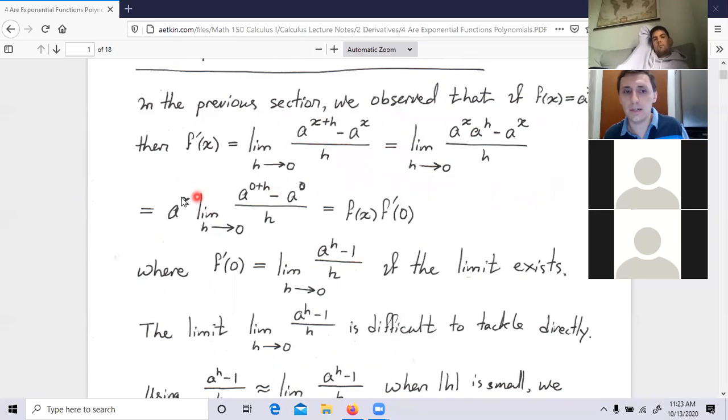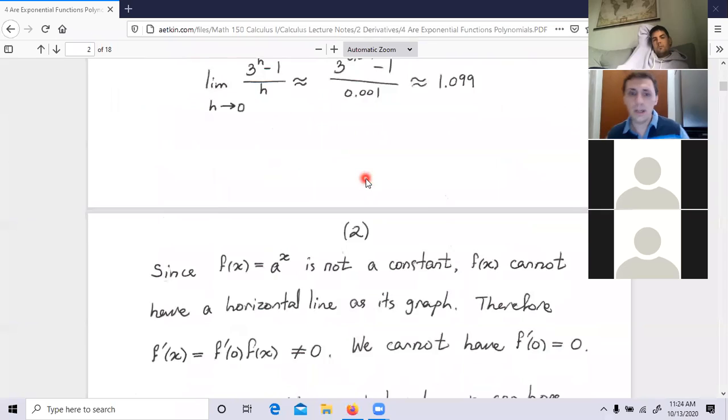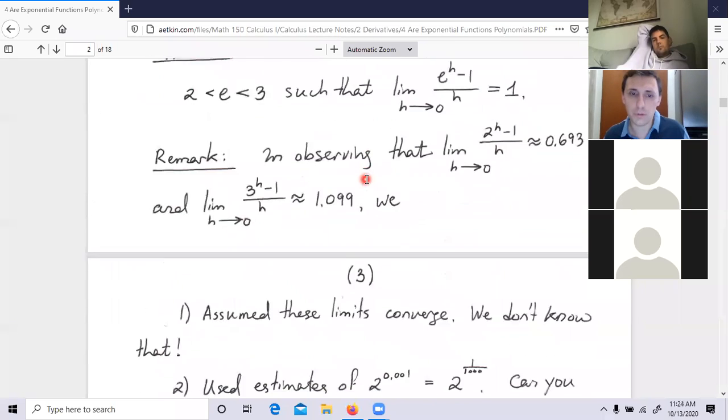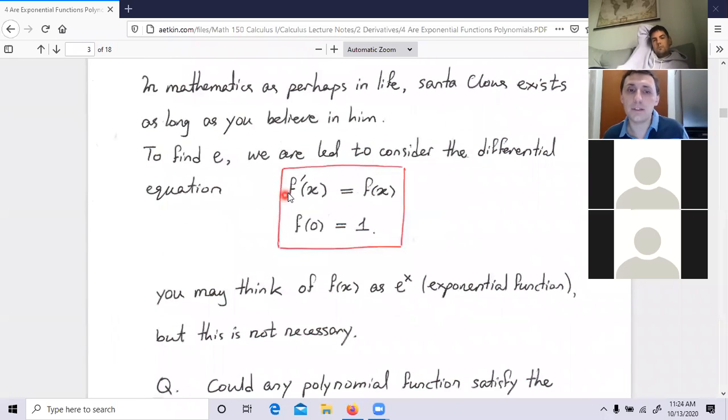I see that when I take the derivative of any exponential, it's the exponential multiplied by its derivative at 0. And then I hope that this derivative at 0 equals 1. So I'm in essence searching for functions whose derivative equals the function originally, and the value at 0 equals 1. That's because we know that an exponential to the power of 0 equals 1.